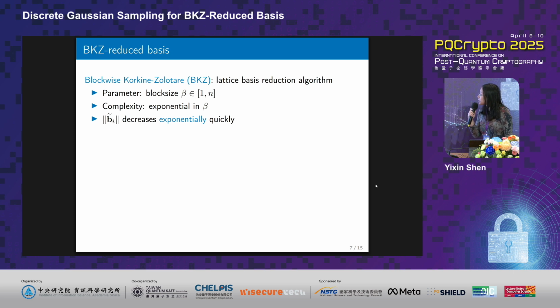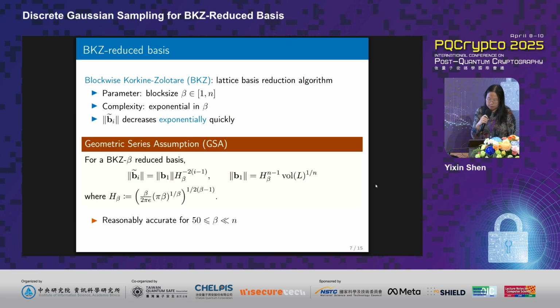And in the end, the basis that we are going to get has a very interesting feature, which is that the norm of Bi tilde should decrease exponentially quickly. In the literature, people often use the geometric series assumption that basically describes this phenomenon.